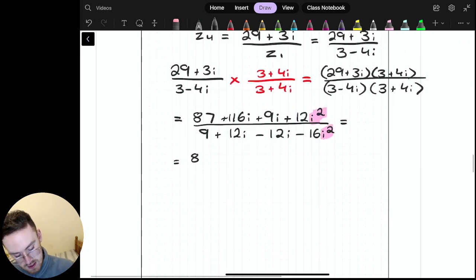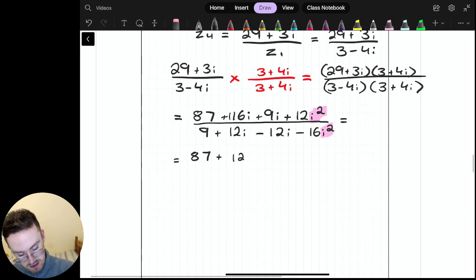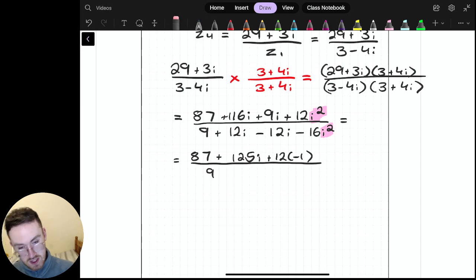So 87 plus 116i plus 9i, we can simplify that to 125i, plus 12 by minus 1. On the bottom, 9 plus, the 12i minus 12i just goes to 0, so we get minus 16 multiplied by minus 1.